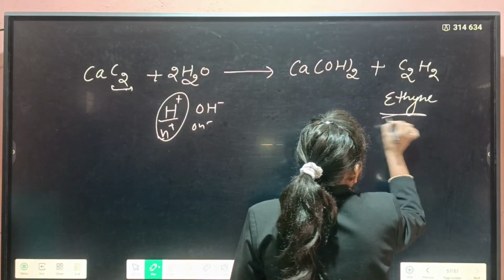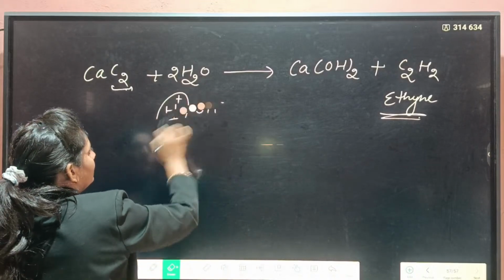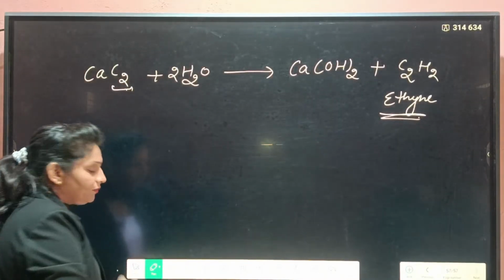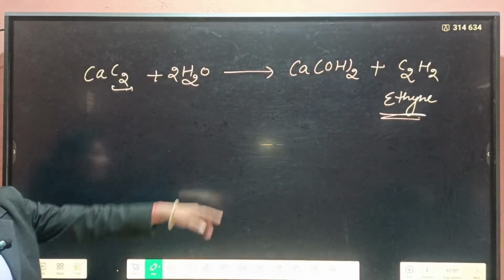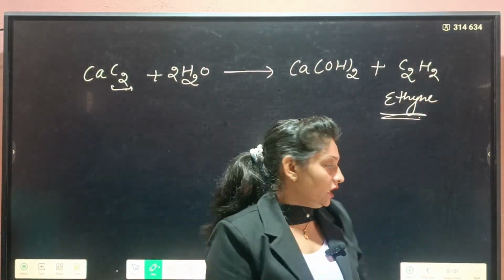Ethyne we get, because we want to form alkyne. So students, from calcium carbide we can get ethyne.